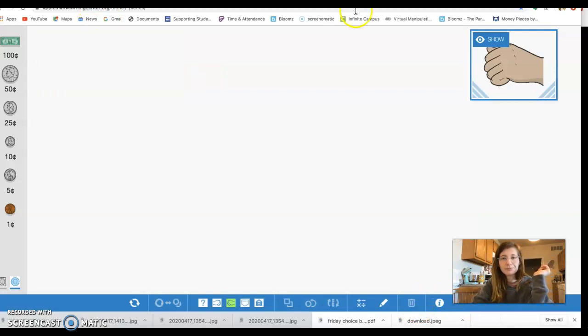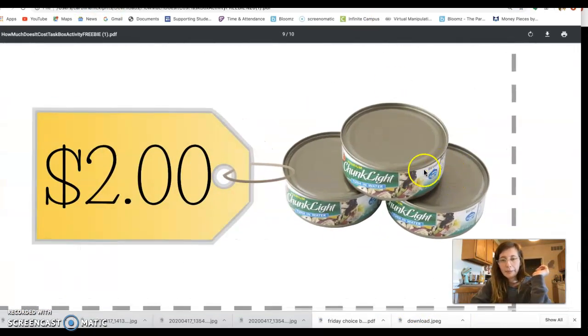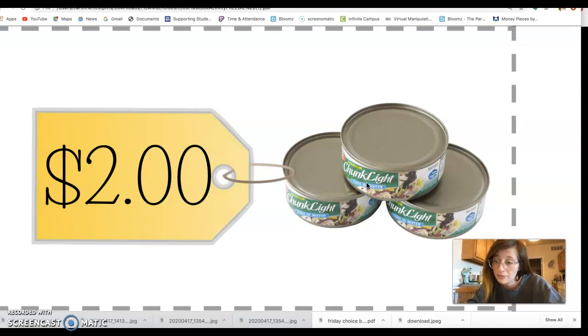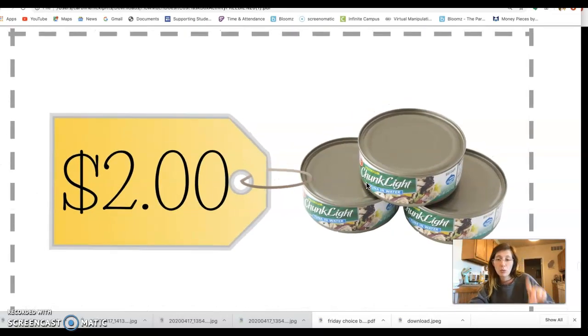Good job. Next on our list is what? This is tuna, canned tuna. Now, I don't know about you, but I love tuna. Not a lot of people do, but I love a good tuna sandwich. So, I'm going to buy that today. It is how much? Is it $1 or $2?